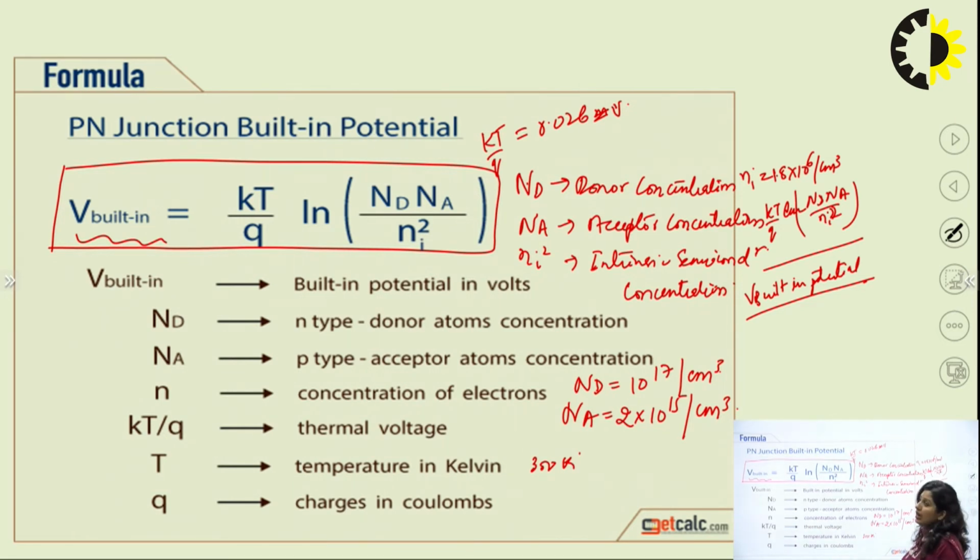This will give you an idea of how much the built-in potential is, and how much voltage is required to get the electrons and holes to move from one part of the PN junction diode to the other part.